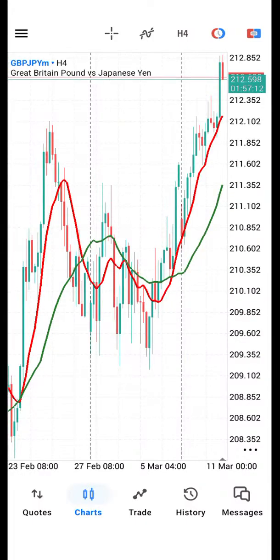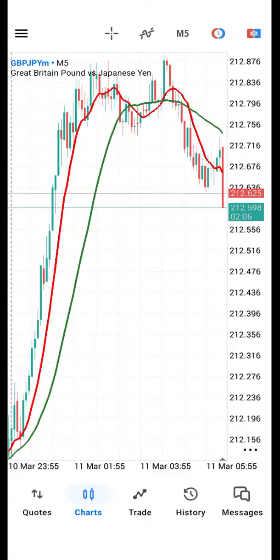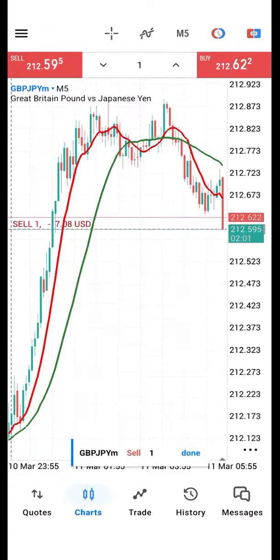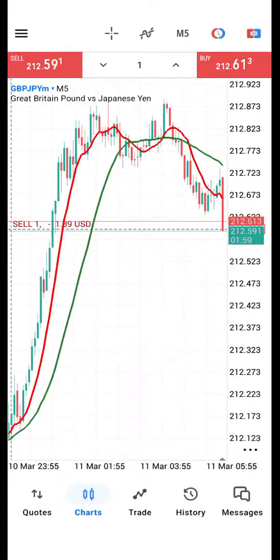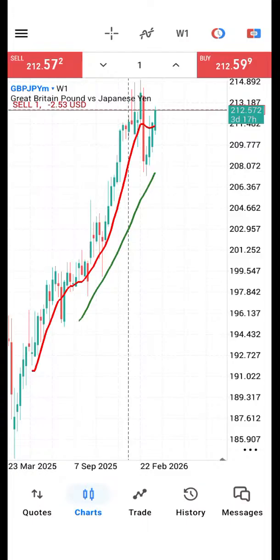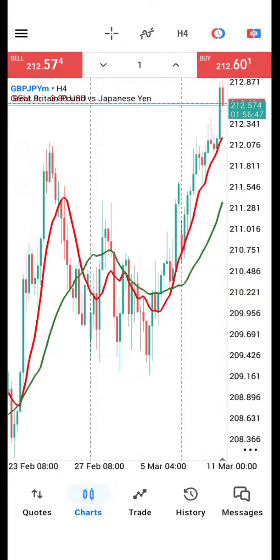Okay, see that 4 hours is pushing downward, though. That 4 hours should be our target, because that should be like a strip of liquidity. Okay, let's just take one for GBP JPY on the road. But this is risky because this is like a strip of liquidity. Everybody's pointing upward, especially my 1 week is pointing upward, and my 1 day is pointing upward, and my 4 hours is already pointing upward, and this one is just coming downward.